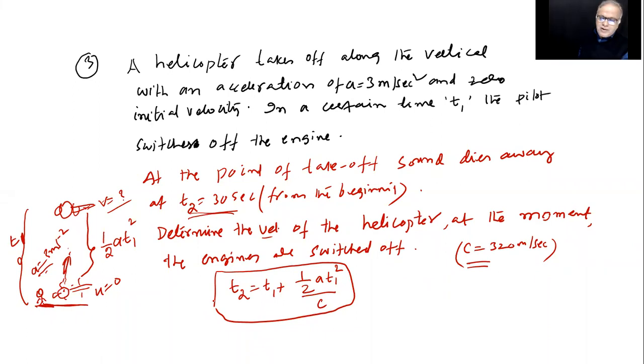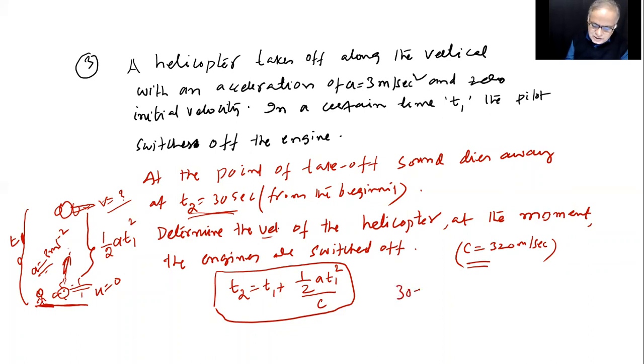At the point of takeoff, sound dies away at 30 seconds. That means T1 is less than 30, right? So T1 time it goes, 30 minus T1 time it comes back, after which the sound is gone. Isn't it so? So T2 is there, everything is there. So I should get T1 first.